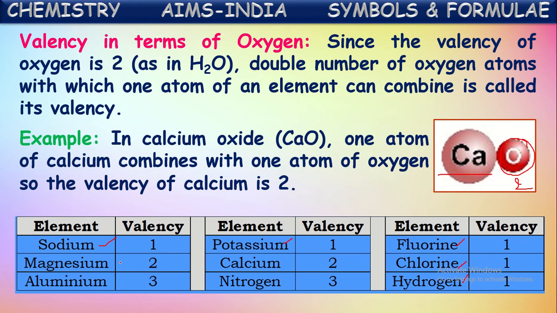Whereas if you see magnesium, calcium, these are having valency 2. If valency is 2, then what can be called there? Bivalent, representing 2. Two valence elements, so bivalent elements. Next, if we observe aluminium and nitrogen, these are having valency 3. So they are called trivalent elements.